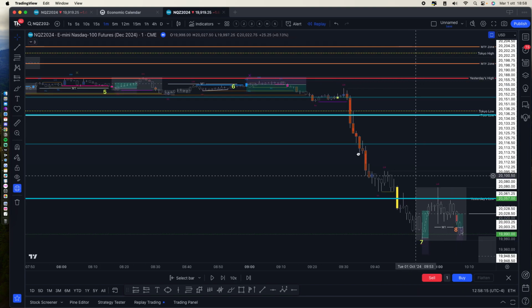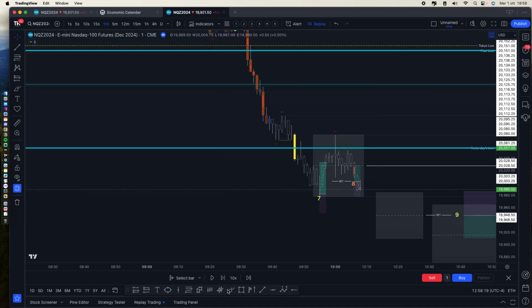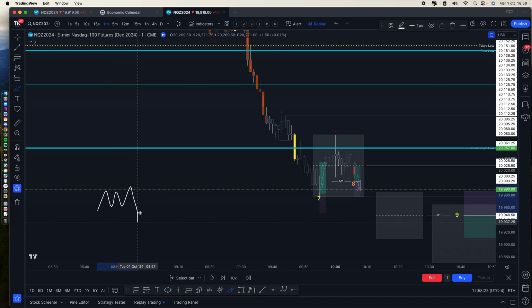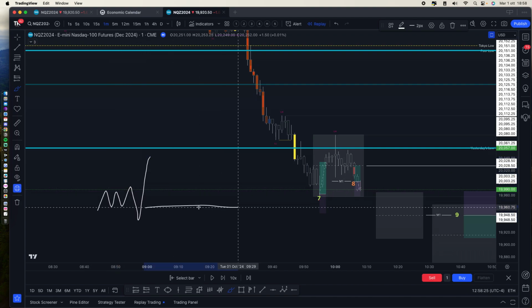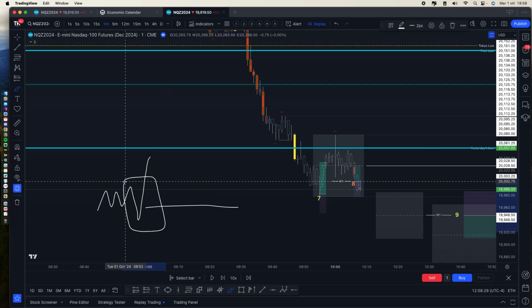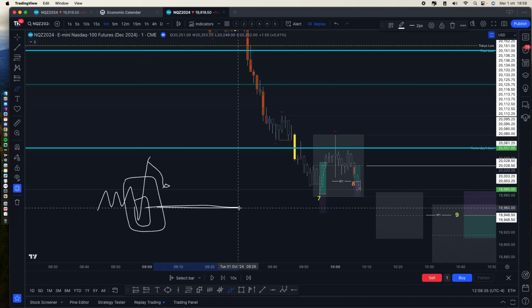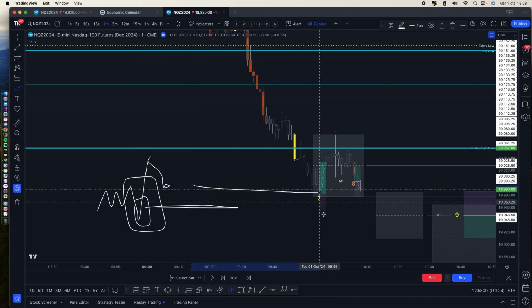Anyway, it's a good level from the previous session. It means that in a previous session at this level we had a manipulation, probably on the US opening, that has never been tested yet. So here there is a zone and this level is being tested right here.